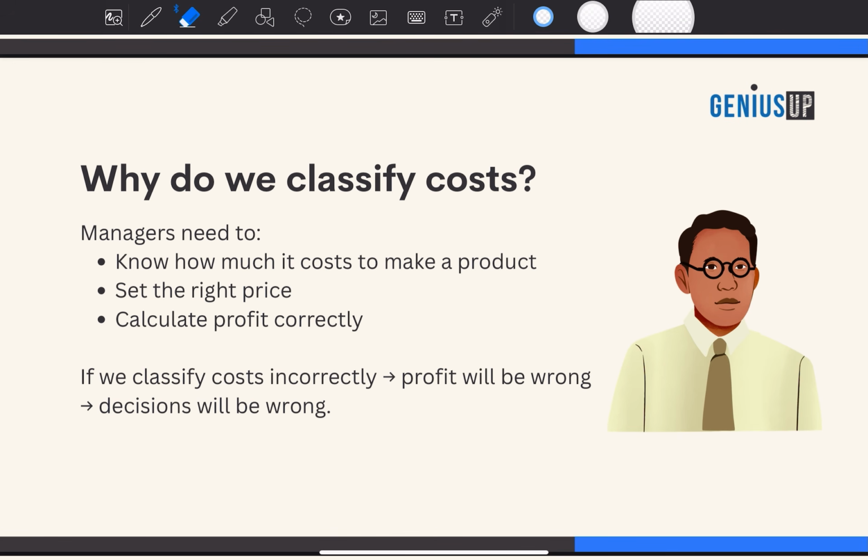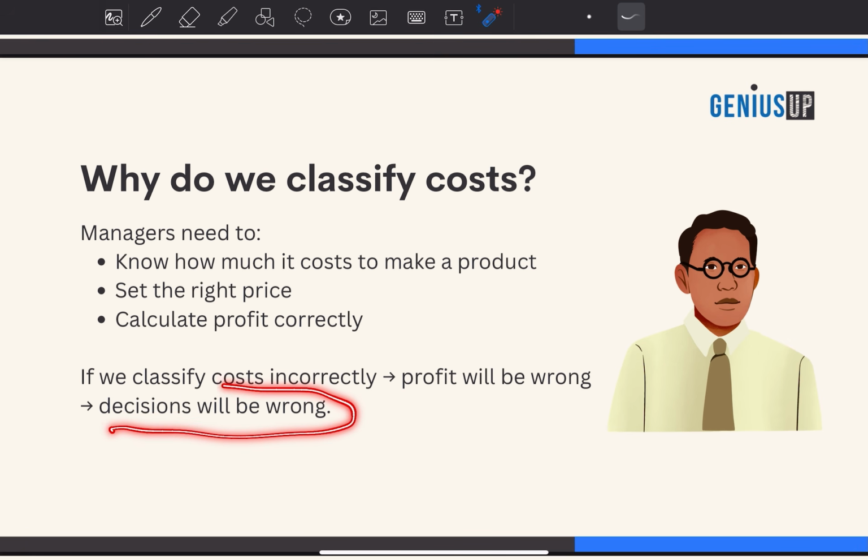So if we're able to know how much it costs to make a product and we're able to set the right price, then we can calculate the correct profit as well, right? So if we classify our cost correctly, we'll be able to calculate the correct profit. But if we classify cost incorrectly, then profit will be wrong and decisions will also be wrong, right?